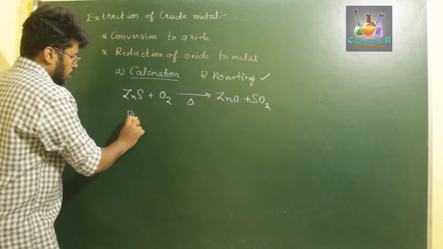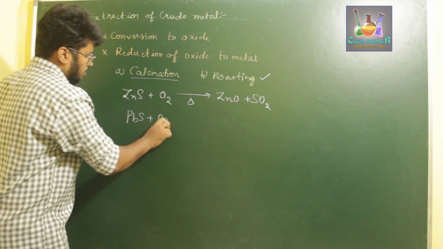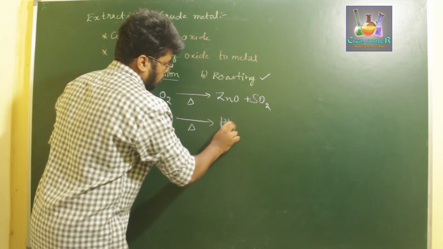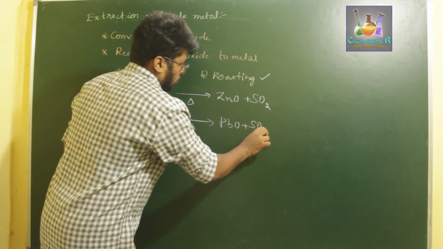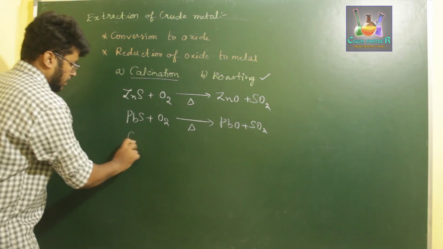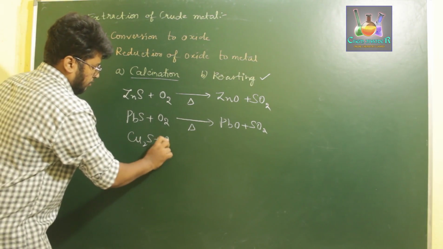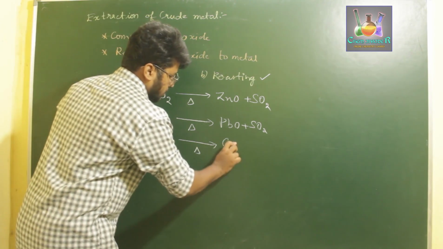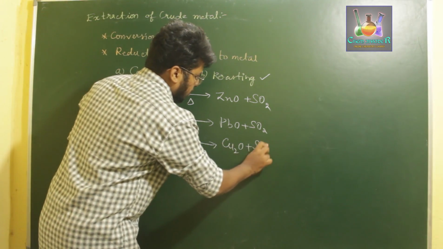Similarly, we can remove sulfur present in lead also. When lead sulfide is treated with oxygen, we get PbO along with SO2. One more example is Cu2S, which on heating with oxygen at a high temperature gives Cu2O along with SO2.